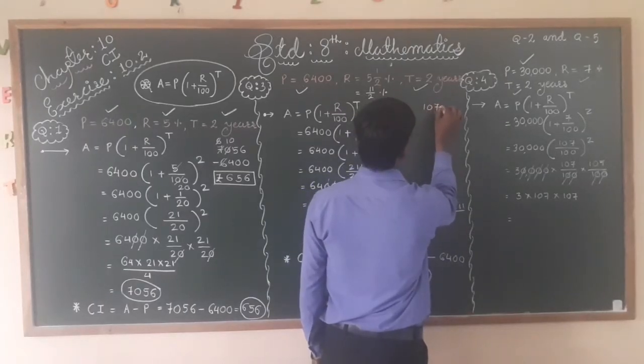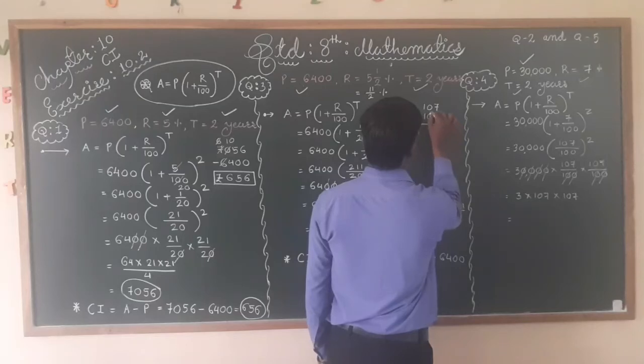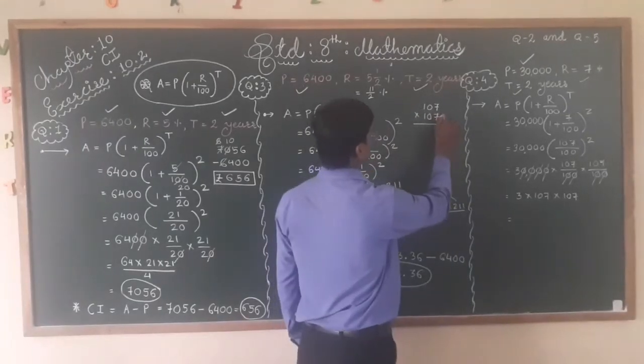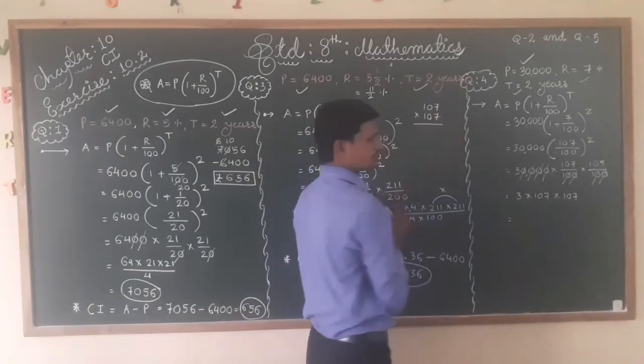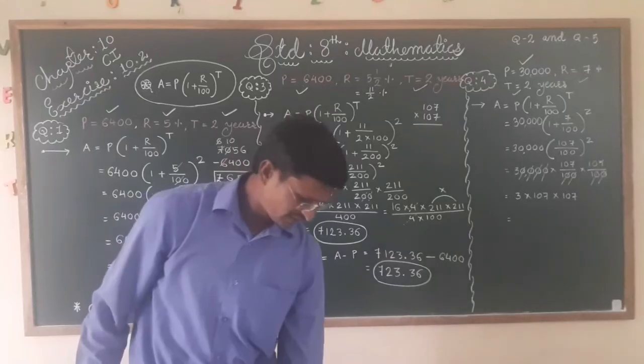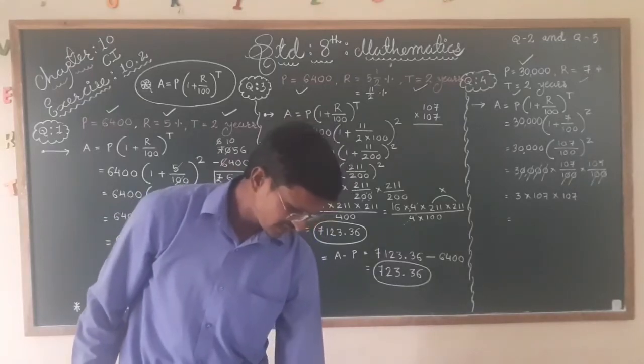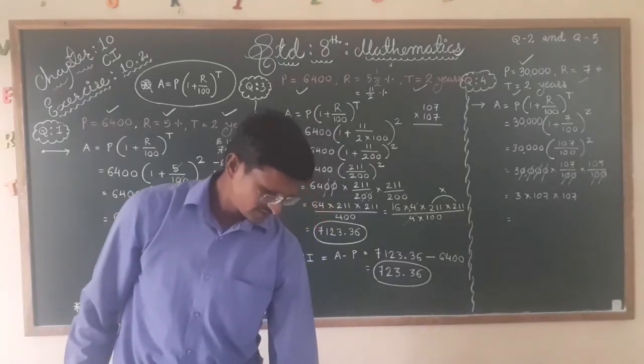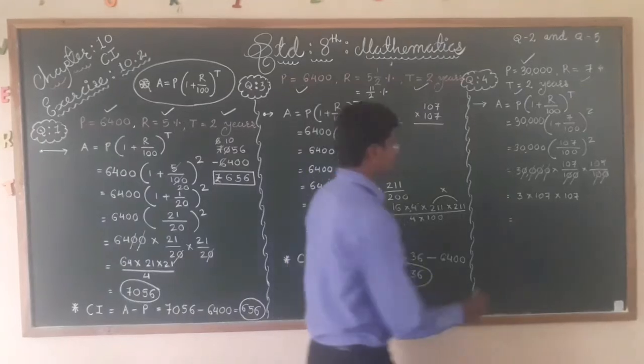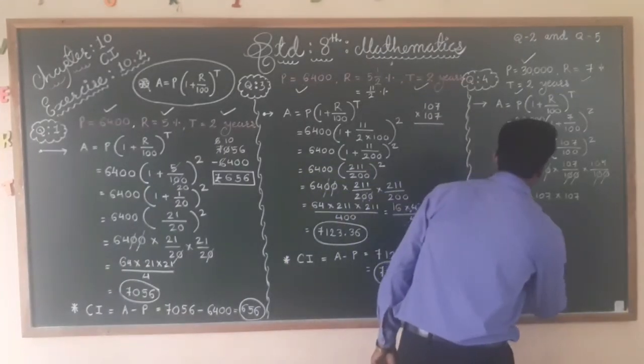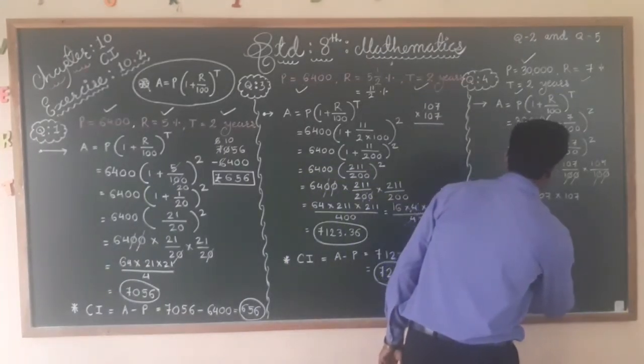107 multiply by 107. Okay, we have to do multiplication. So you know how to do multiplication. If you do multiplication, then you will get answer, that is 34,347. 34,347.